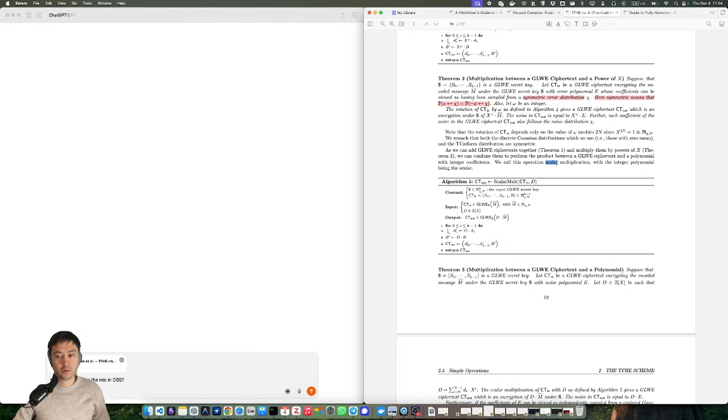Oh, okay. So that's how we only defined addition. We're going to do the scalar multiplication, but I'm not sure I understand how they're doing this. So you have a ciphertext and you want to scale it by this element, right? What?